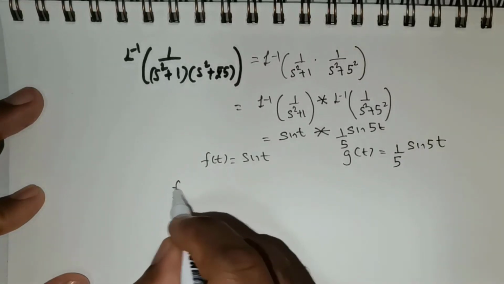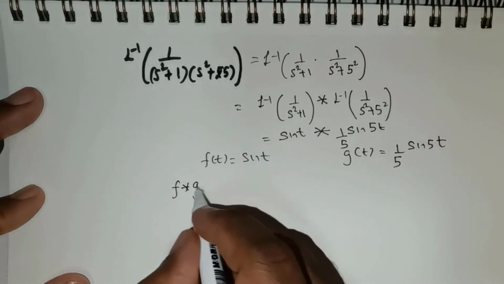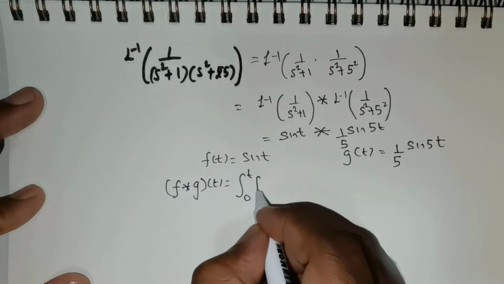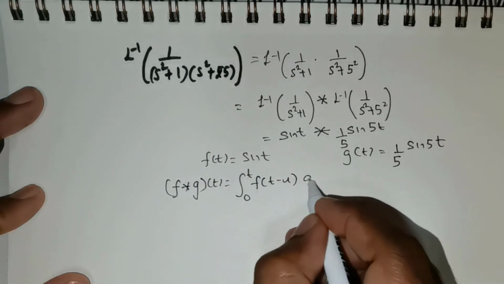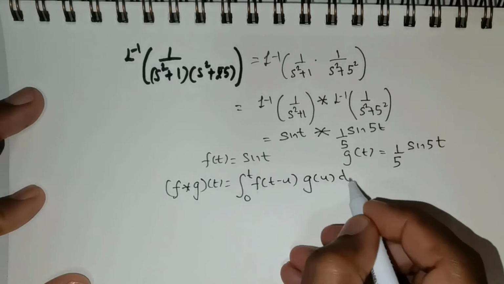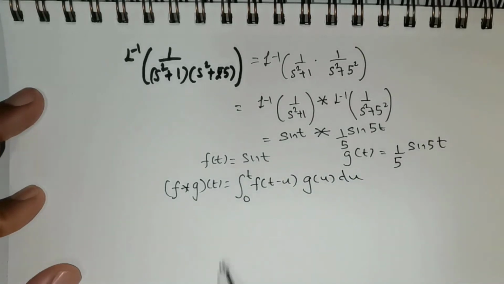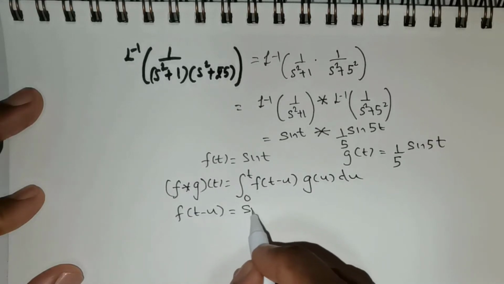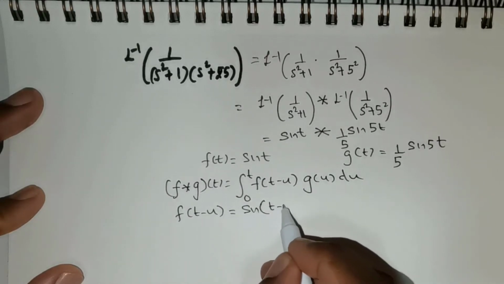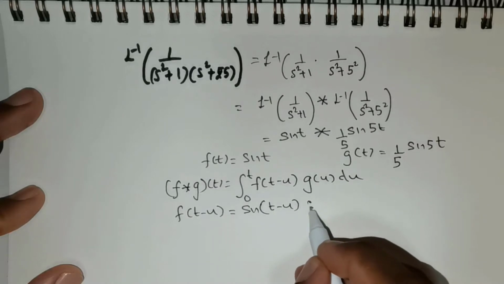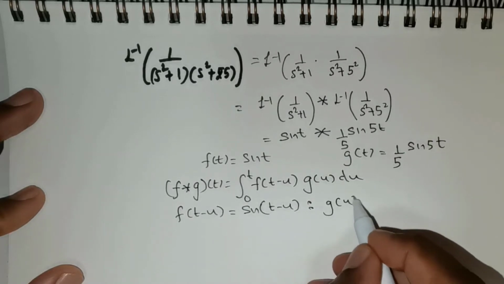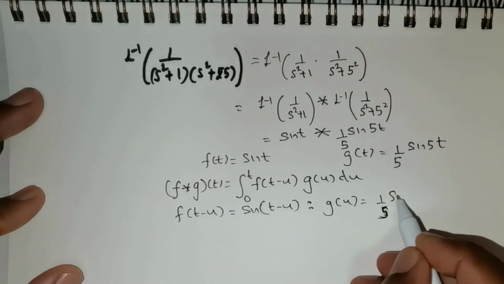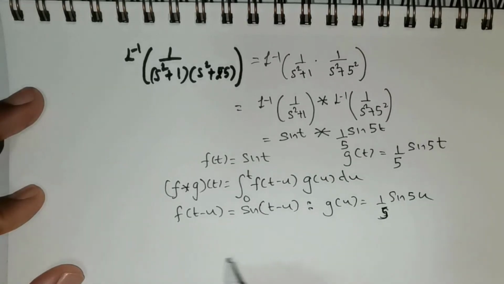Now if you've got a convolution to be performed on two functions, f star g of t, then it's integral 0 to t f of t minus u times g of u times du. Now from here I can find f of t minus u, which is going to be sine of t minus u, and also I can find g of u, which is 1 over 5 times sine of 5u.